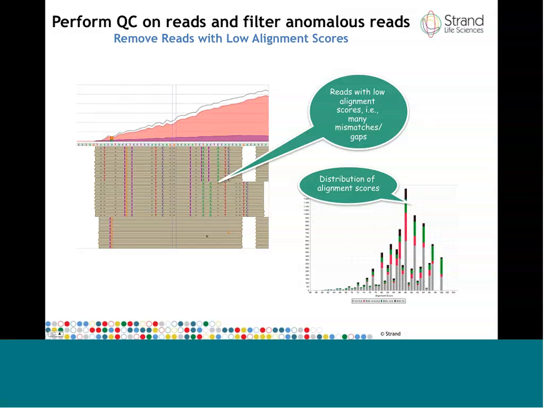Clearly, if you were not to remove these reads, you'll be calling many SNPs and variants within just the span of the reads shown in this picture, and very likely all of those variants would be erroneous.